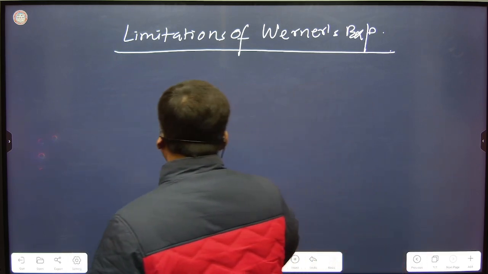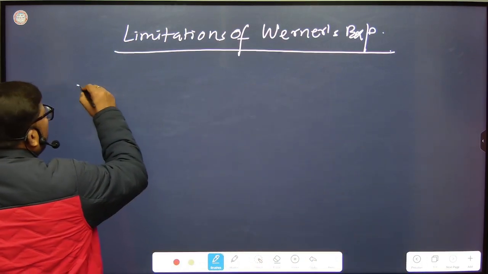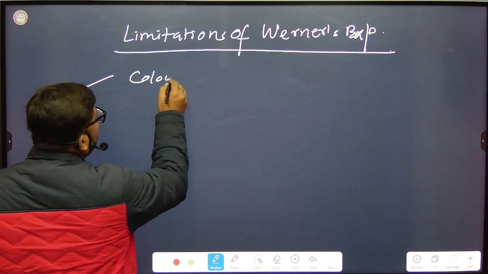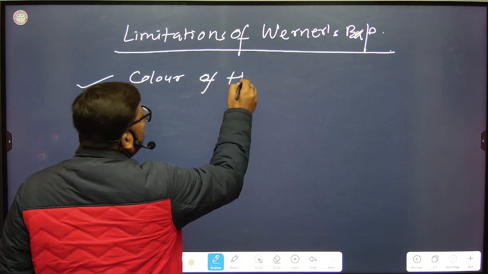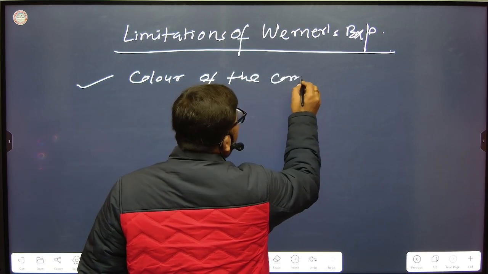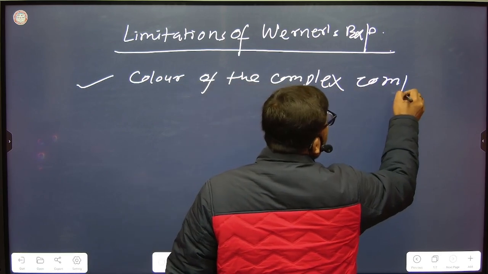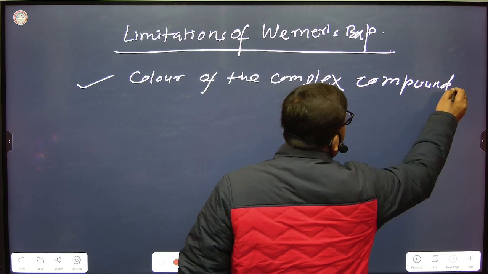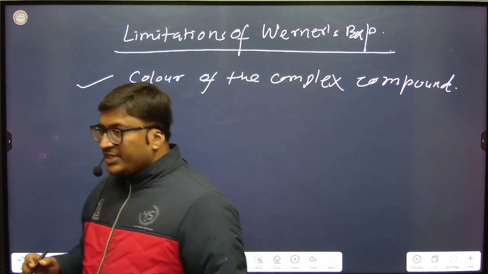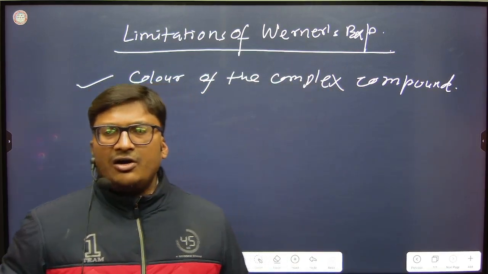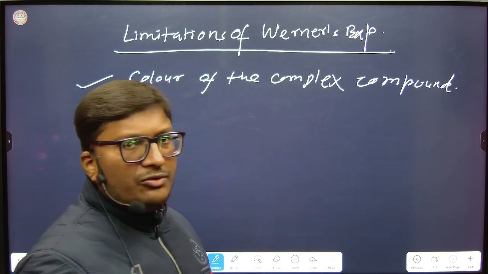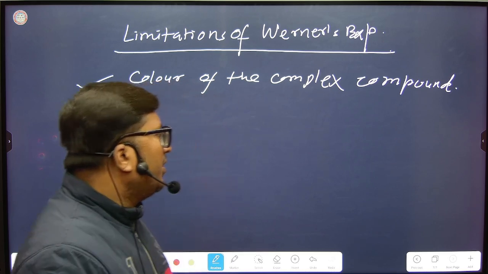So why is a complex compound colored? He was not able to explain why color comes for particular compositions, right?